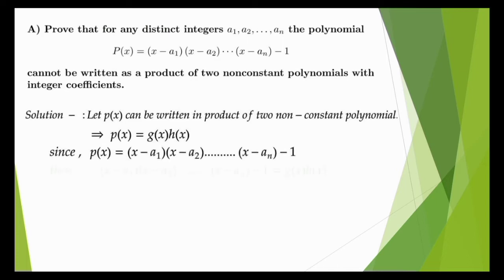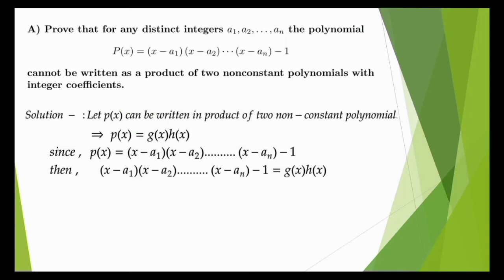We know that p of x equals (x minus a1)(x minus a2) up to (x minus an), minus 1, so we can substitute and obtain (x minus a1)(x minus a2) up to (x minus an), minus 1, equals g of x times h of x.